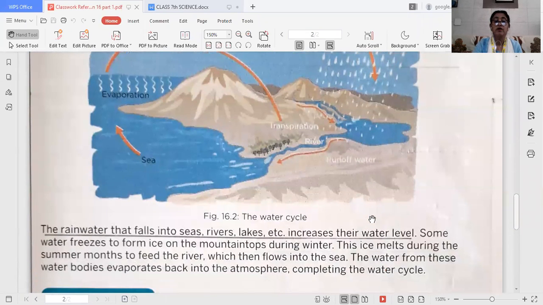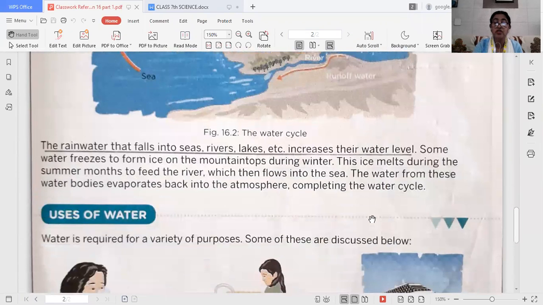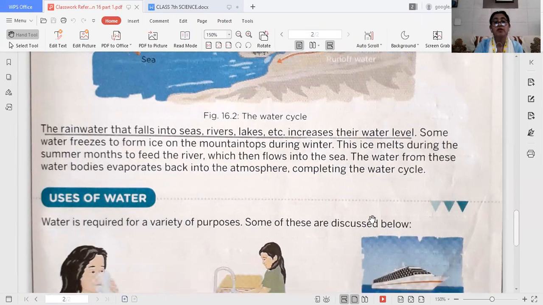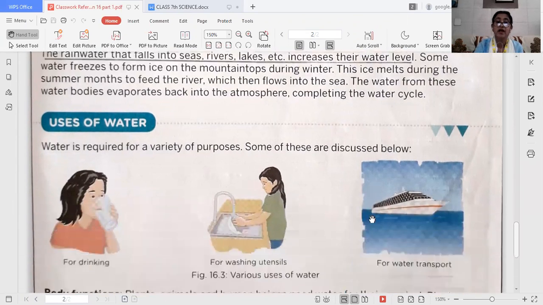The rainwater that falls into seas, rivers, and lakes always increases their water level. Some water freezes to form ice on the mountain top during winter. Some ice melts during the summer and then mixes with the river, then flows into the sea. So that is how the complete water cycle takes place.